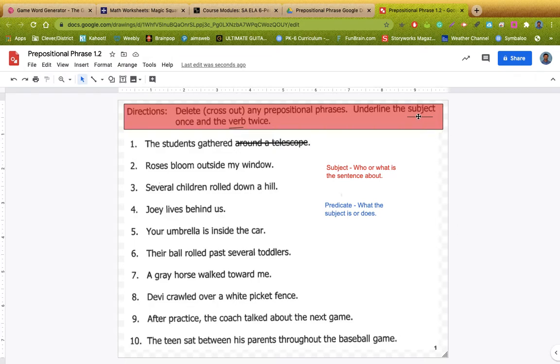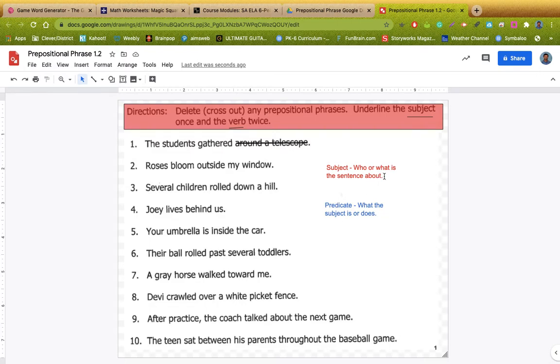Up here, notice they said subject and verb. The verb is always the main part of the predicate. Again, you're going to hear me refer to subject predicate all the time, and I'm going to simplify this even further. So, what I'm going to have you do is draw a subject predicate line in each of these sentences. Now, a subject predicate line simply separates the subject from the predicate.